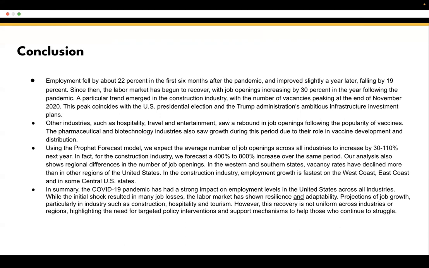While the initial shock resulted in many job losses, the labor market has shown resilience and adaptability. Projections show job growth, particularly in industries such as construction, hospitality, and tourism. However, recovery is not uniform across industries or regions, highlighting the need for targeted policy interventions and support mechanisms to help those who continue to struggle.